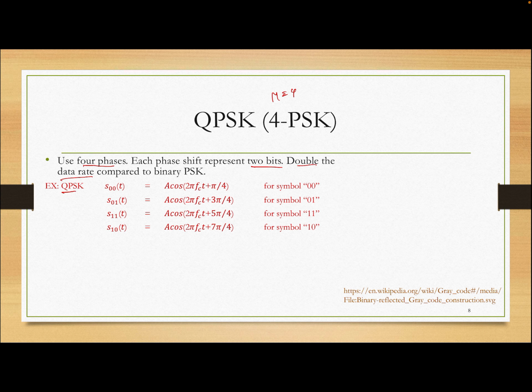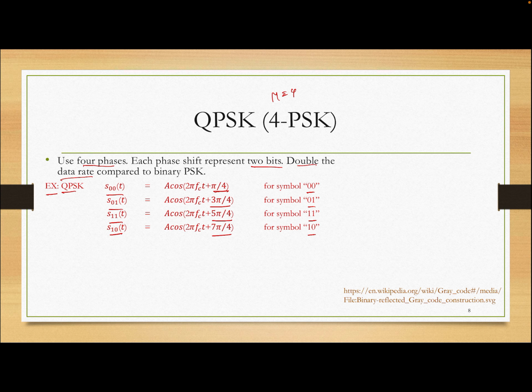For QPSK, as an example, I have 00, 01, 11, 10. So we have 4 different values. I have 4 phases: pi over 4, 3 pi over 4, 5 pi over 4, and then 7 pi over 4. And this represents 4 signals.